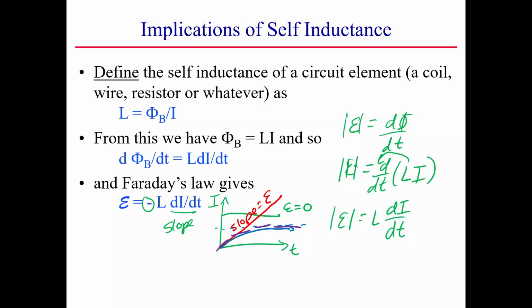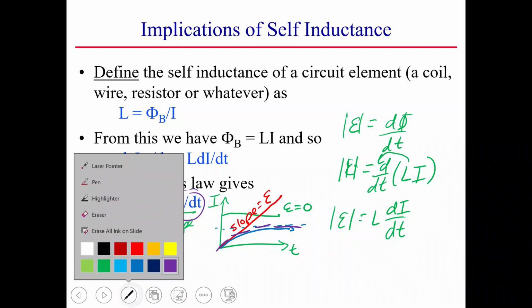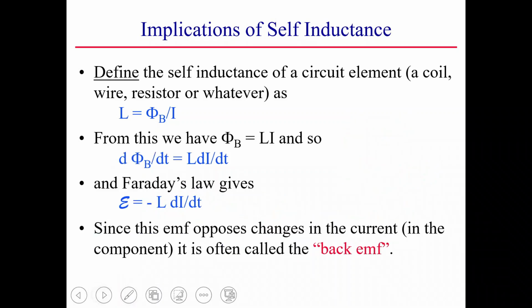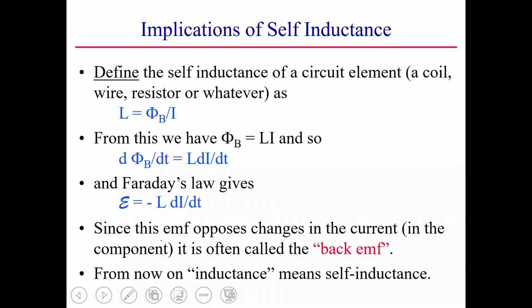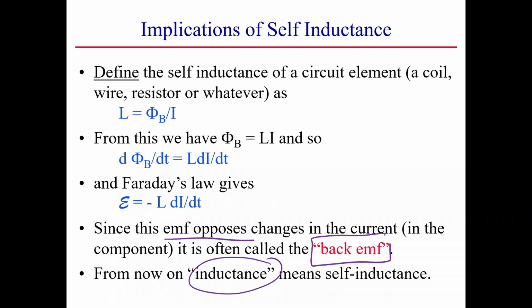So the steeper the slope of that graph, the bigger the rate of change dI/dt, the more EMF is going to be induced. Because it opposes the change, we call it a back EMF because it will be in the opposite direction. And anytime we now refer to inductance, we're talking about self-inductance, because that's the way we're going to use it in circuits.